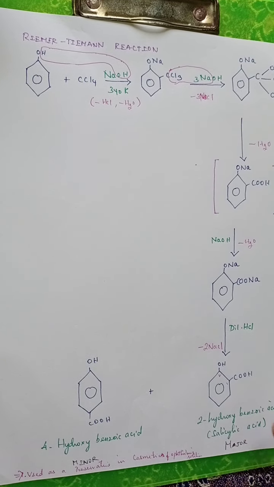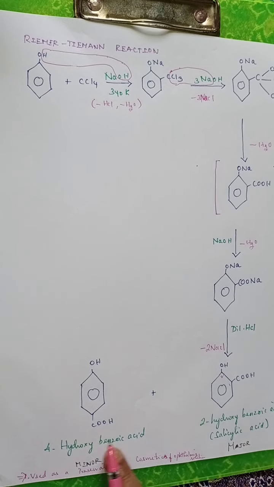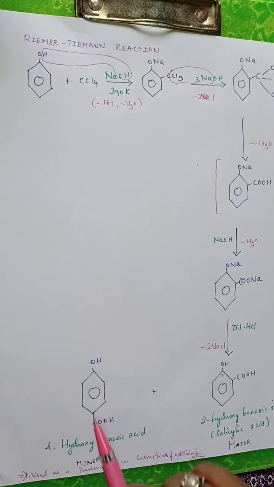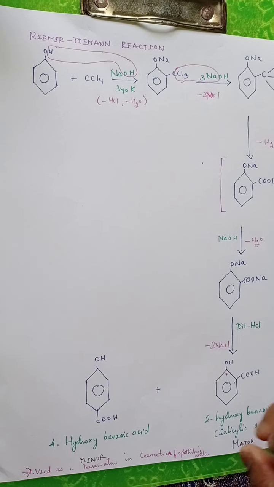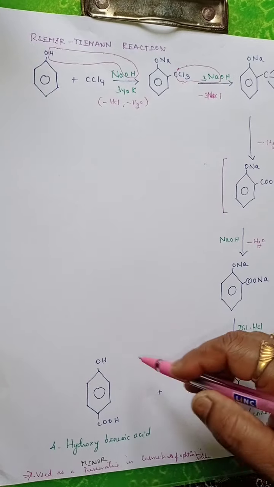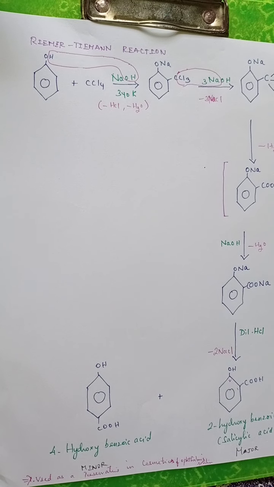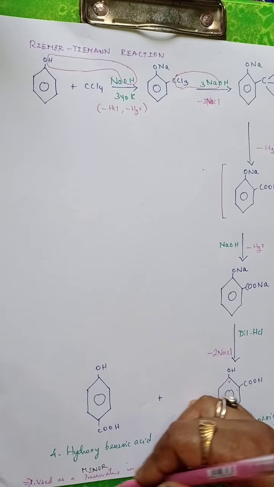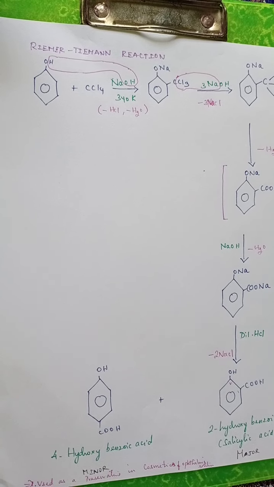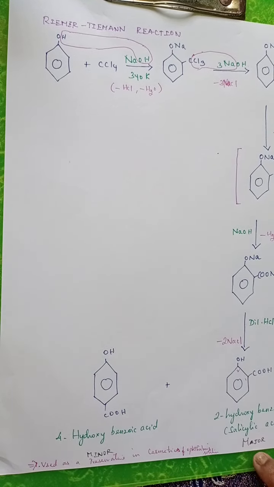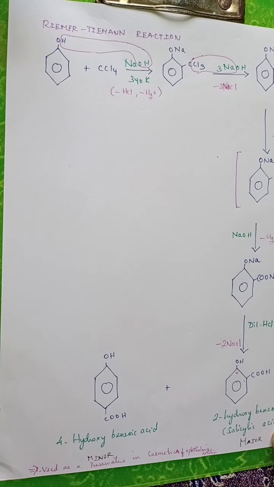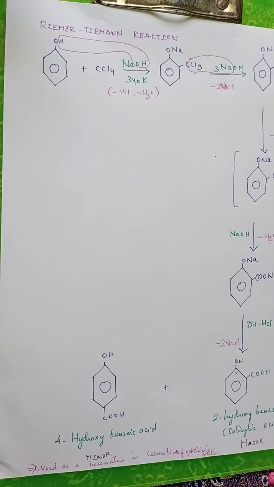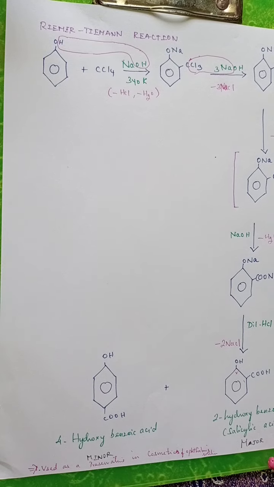The minor product is 4-hydroxybenzoic acid, which we use as a preservative in cosmetics and ophthalmic solutions, the eye drops and all. But the major product will be salicylic acid. That's all, children, the chemical properties of phenol.